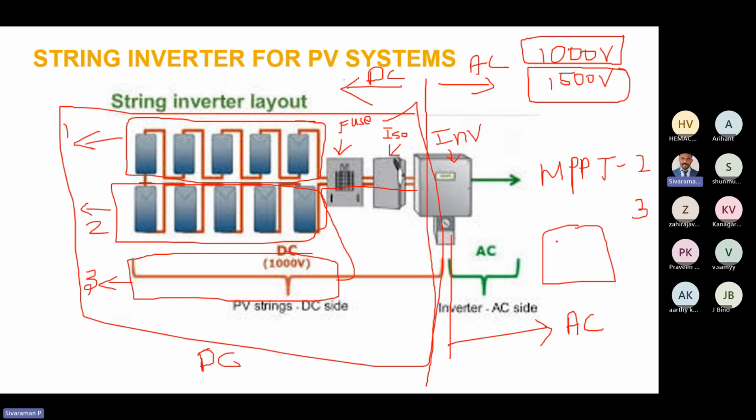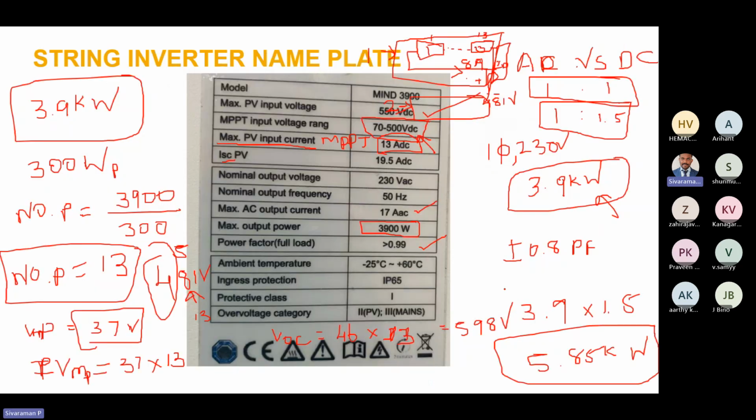So for an inverter with MPPT 1, 2, 3, all 3 strings need to be connected to each MPPT. Then you may have the question, how do we decide the number of panels in series or in parallel? For that, each string, string 1, 2, 3, must follow the concept I explained here.